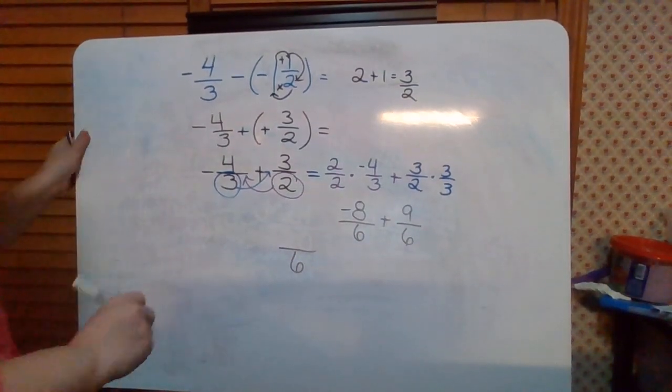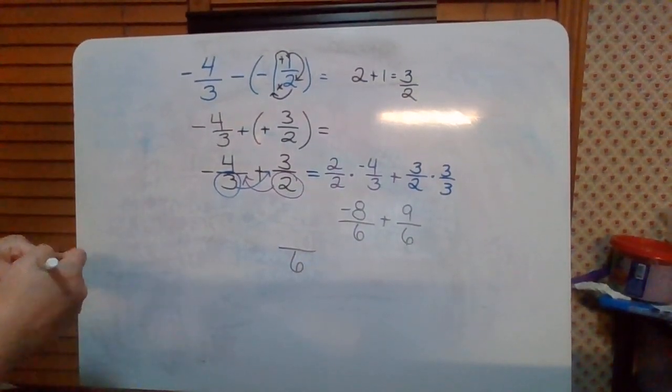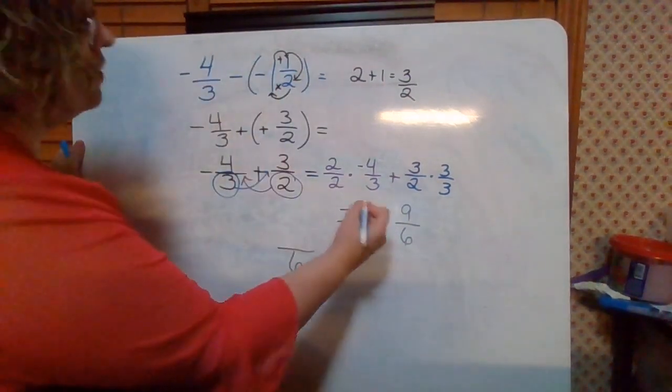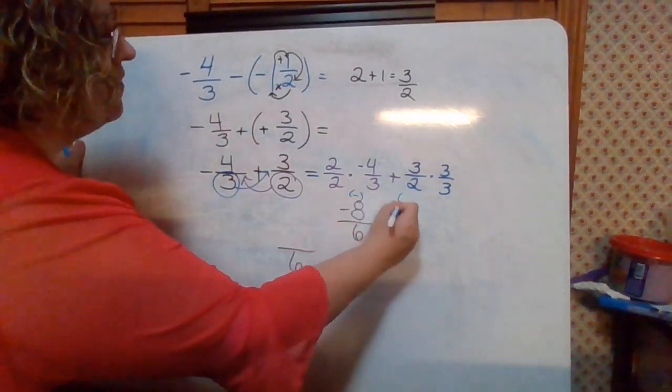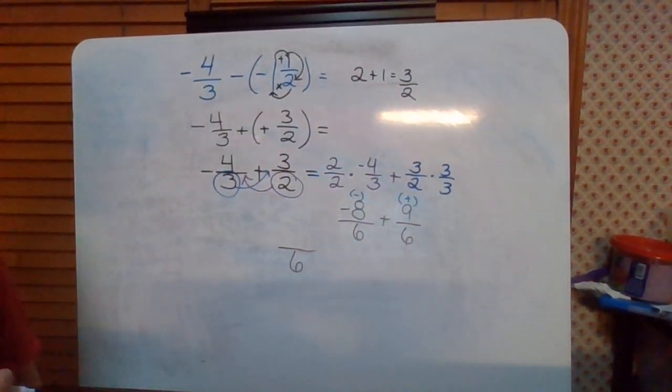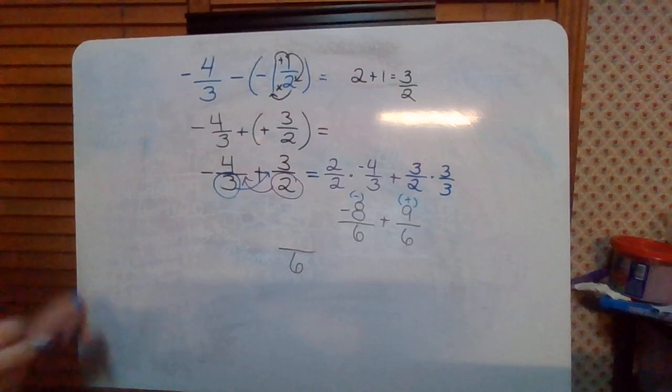Now we've got to figure out what goes on top. Are my signs the same? That's the first question you ask yourself. This is a negative, this is a positive. Yes or no? No. So I'm not adding, I'm subtracting.